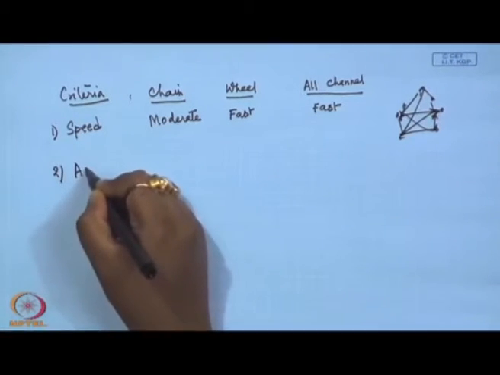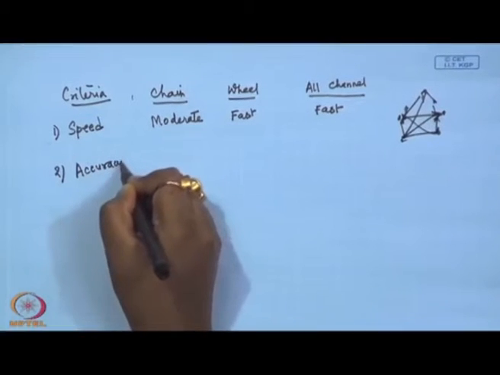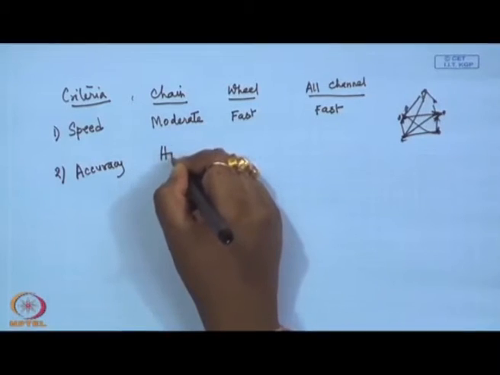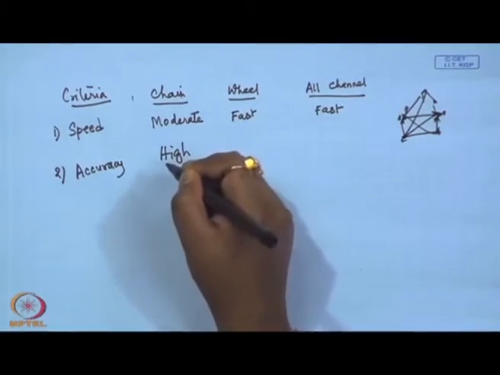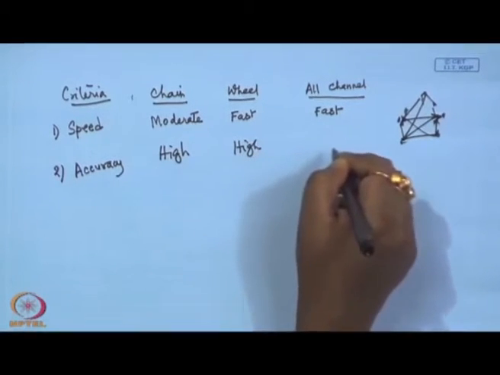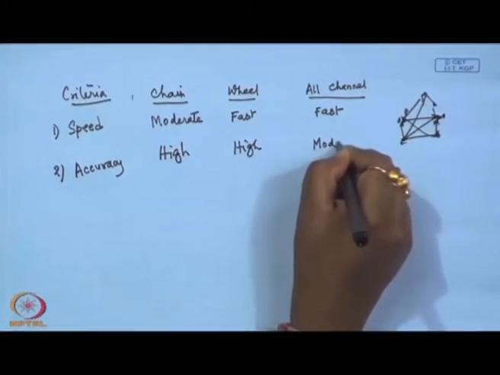Next we are talking of accuracy of communication, in which the accuracy in chain is high. In wheel also it is high, but in all channel it is moderate.